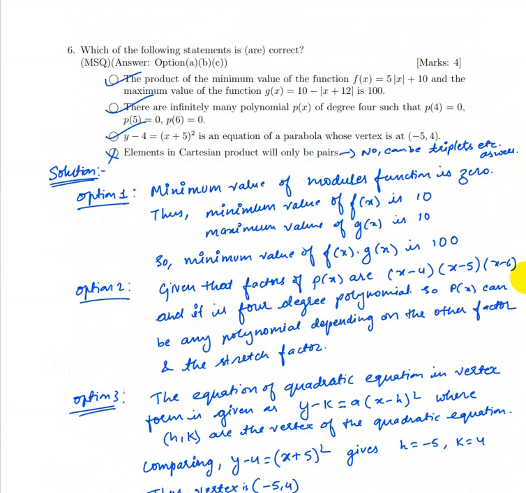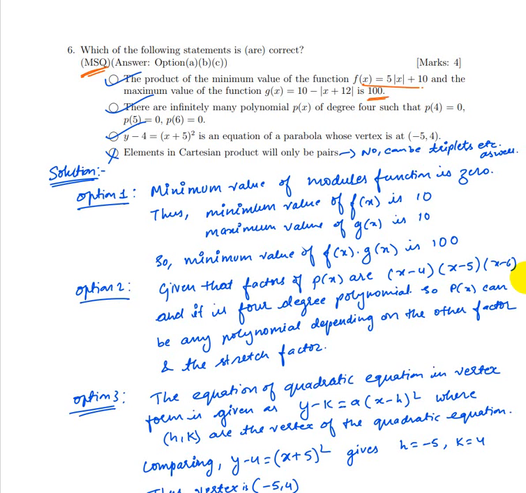Next question: which of the following statements are correct? Okay, this is a multiple select question. The product of the minimum value of the function f(x) equal to 5 mod x plus 10, and the maximum value of the function g(x) equal to 10 minus mod of x plus 12, is 100.